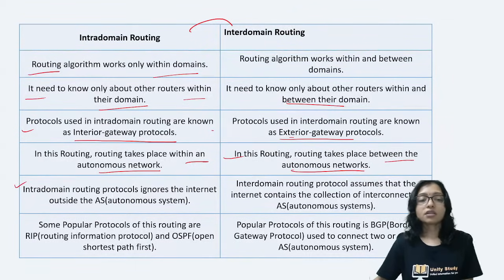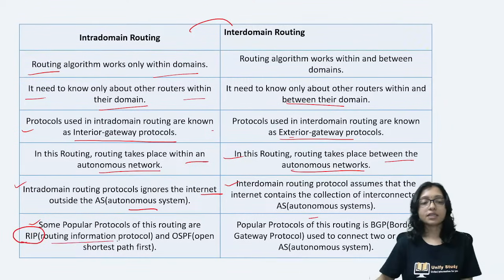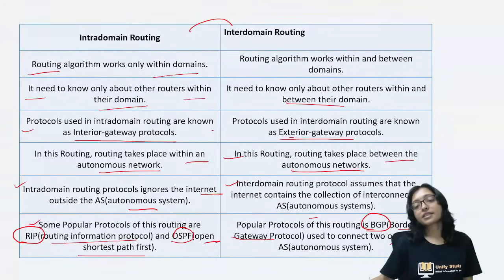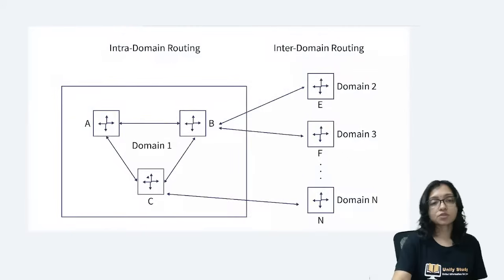Inter-domain routing ignores the internet outside the autonomous system. Intra-domain is this one, and the popular ones are RIP, Routing Information Protocol, and OSPF, Open Shortest Path First. Here the popular one is BGP, Border Gateway Protocol, connected to AS, Autonomous System. These are the differences between inter and intra.